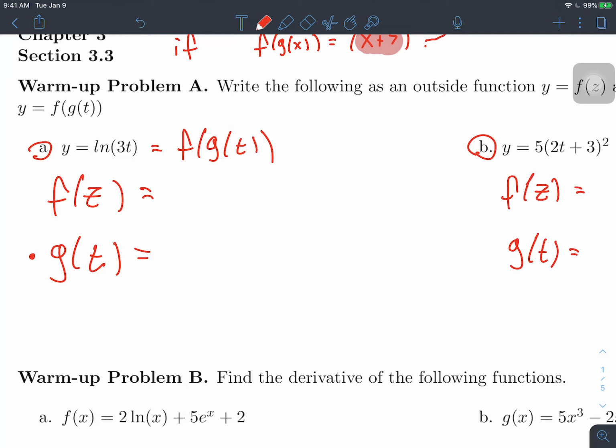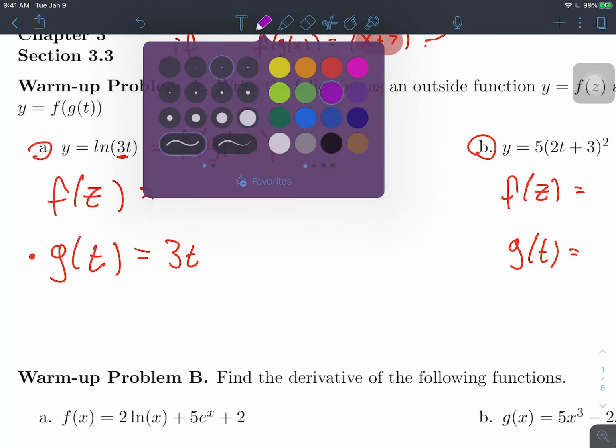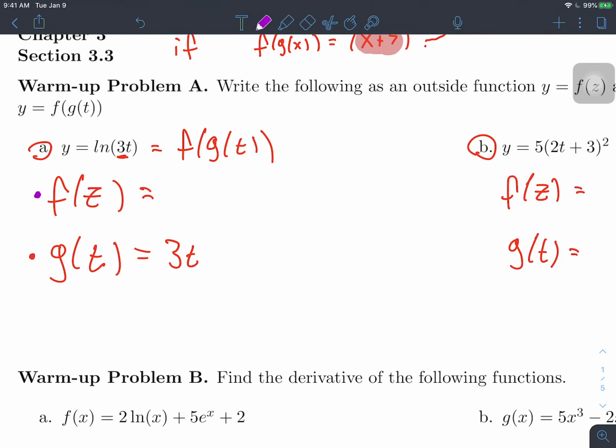Anybody brave enough to volunteer? I heard 3t. That's exactly right. 3t is the inside function. You can tell because it's inside the parentheses. Now, the next step, if I was going to verbalize what it really is doing, I would say, I need to find the function such that if I plug 3t into the function, I get ln of 3t.